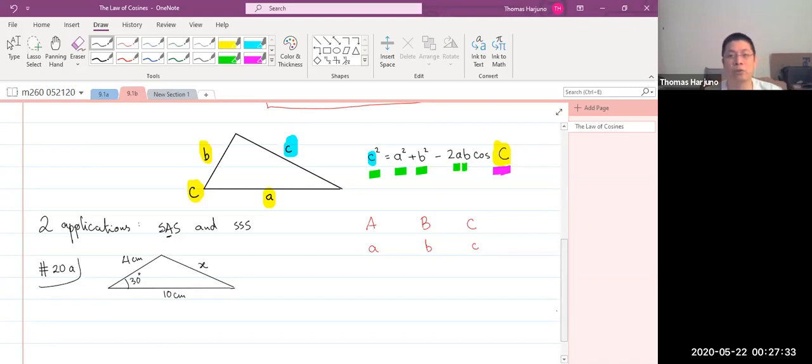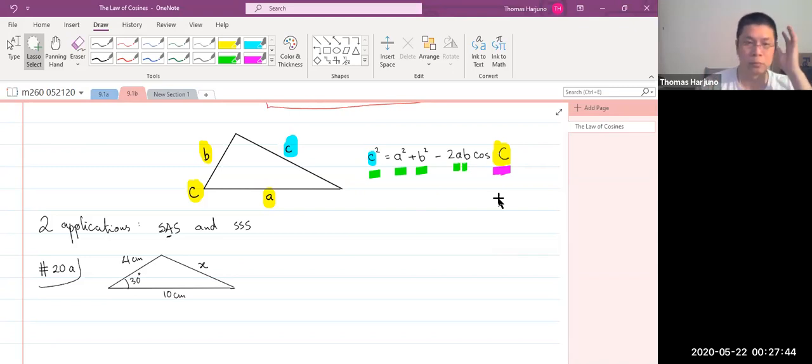Okay, let me ask you to apply that. Apply law of cosine to find x. Just apply the formula right away.